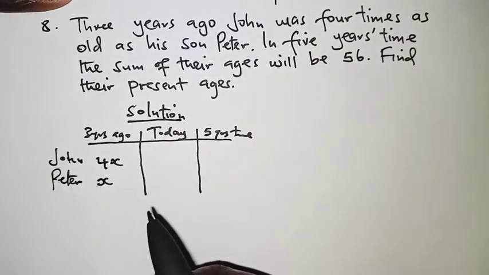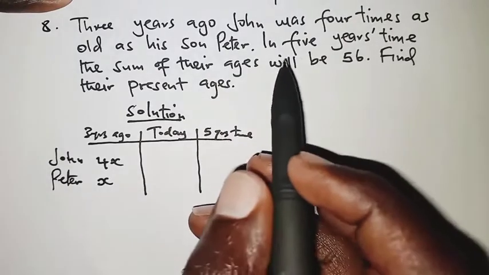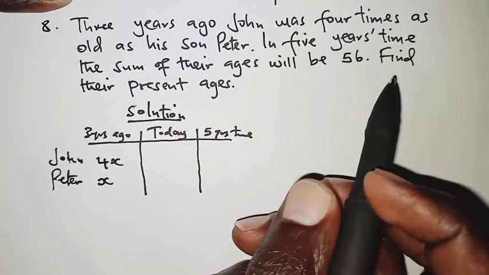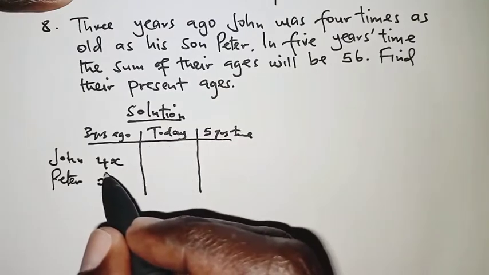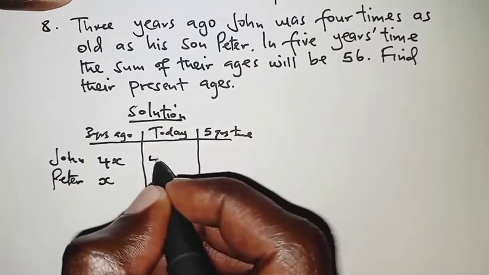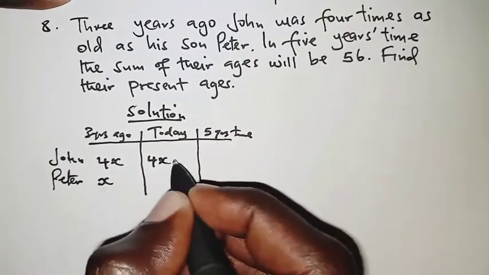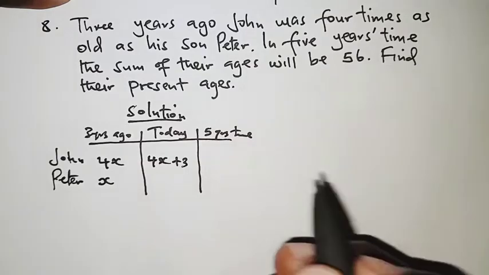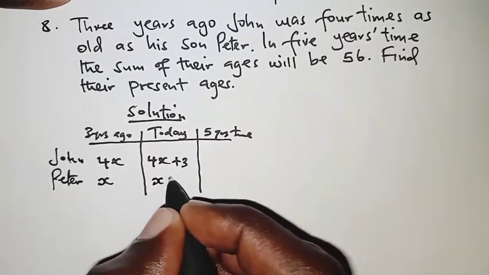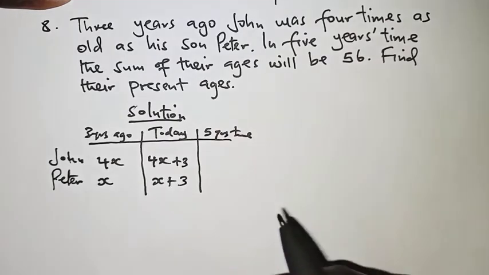So that is 4x. And then in 5 years' time, the sum of their ages will be 56. So from 3 years ago to date, we'll have the age of John plus 3 years until today. And the same applies to Peter, x plus 3.